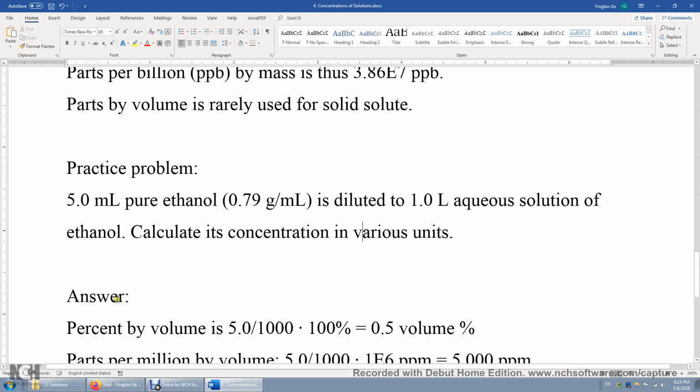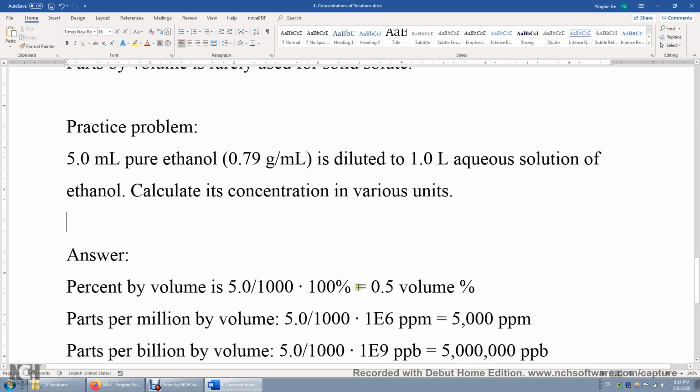So first, percent by volume, it's easy. The volume of the solute is 5.0 milliliters. The total volume of the solution in the end is 1000 milliliters. Therefore, the volume percent is 0.5%.